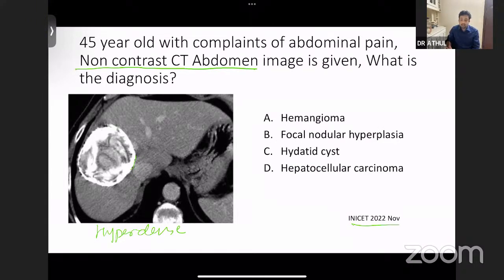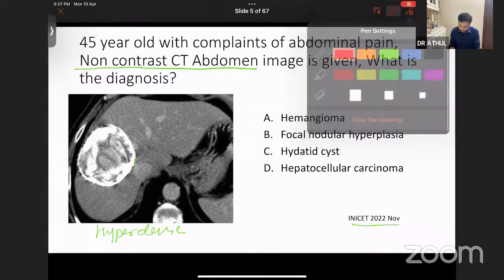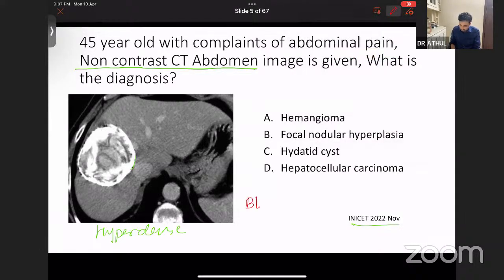So what all are the lesions that will be hyperdense in plain CT? That is the catch-hold point here. So you should understand that bleed and calcification are the two things that will be seen hyperdense in plain CT. Here you are able to see a very bright object.